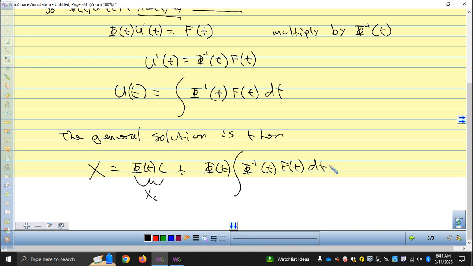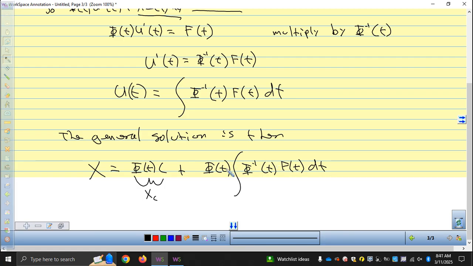Very similar to what we did for variation of parameters with higher order differential equations. Exactly analogous, because our integral was f of t divided by some other function times our original function. And this thing that we had in here had to do with the Wronskian of our system.